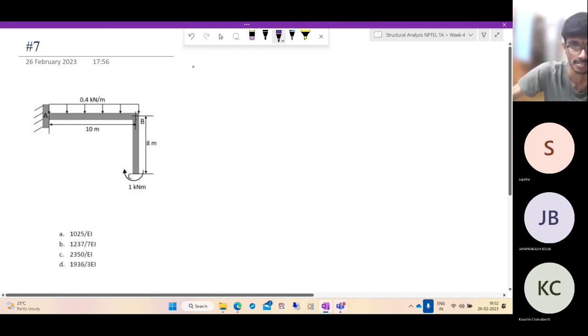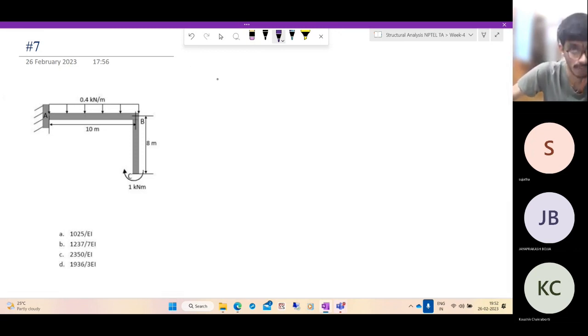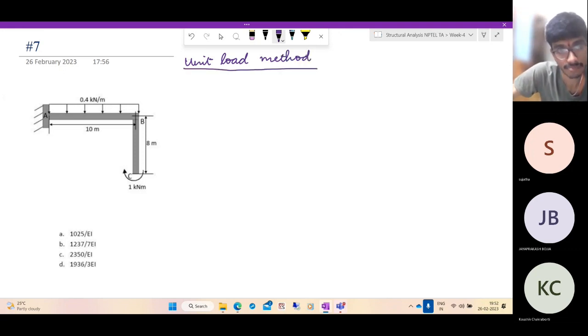So this is another simple question. Instead of a beam, now we have a frame. So we have two beams connected like this, and we are asked to use the method of virtual work. Okay. So here we'll use the unit load method. So what do we need?